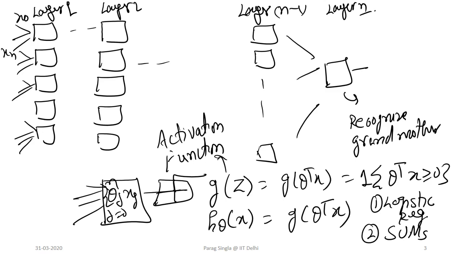And there is this thresholding function, which can be thought of as g of z, which is g of theta transpose x, which is nothing but the indicator of theta transpose x greater than or equal to 0, right? In this form, h theta x can be thought of as g of theta transpose x, and this is called the activation function, right?